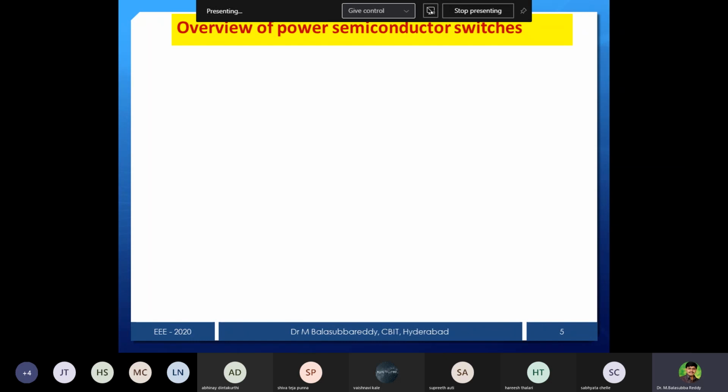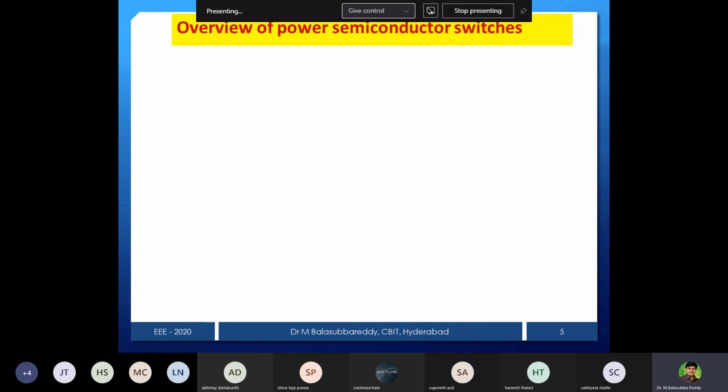In the case of SCR, once the gate pulse is given, the device will automatically turn on, meaning the switch will be closed. Similarly, in the case of BJT, once current is passed through the gate, here gate means the base of the device, the device is going to be on. And if you remove the base current, the device will be open. So that is the difference.